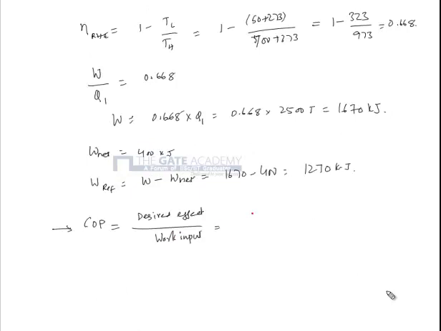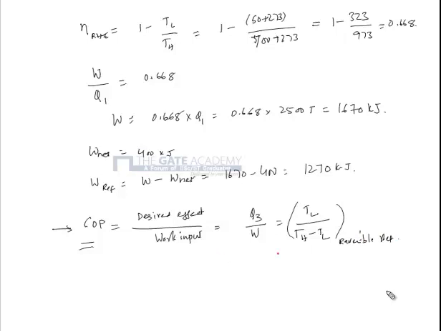So the desired effect is Q3 by the work input W. For the reversible case, this is the lower temperature by the difference of TH minus TL. This is for the reversible refrigerator, which is what is given in the problem.